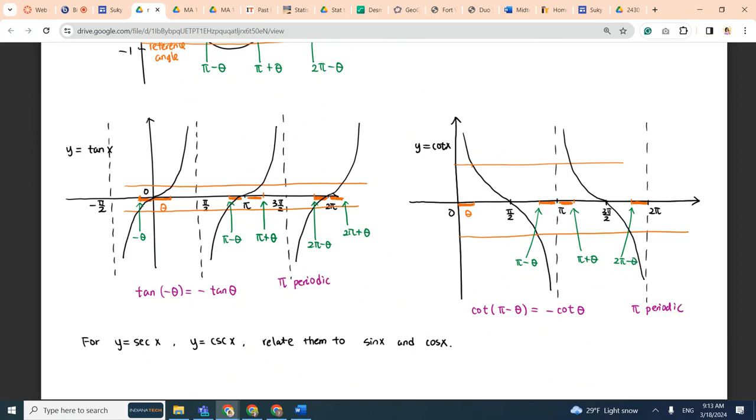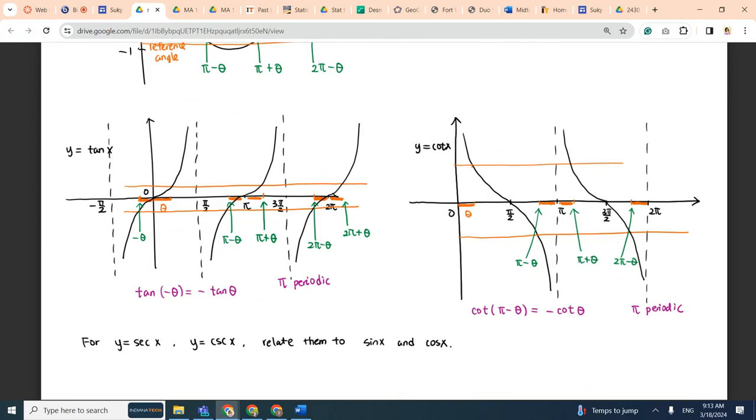Do you see from the picture? And because tangent is pi periodic, what does that mean? The tangent of pi plus theta is tangent of theta. The tangent of pi minus theta is tangent of negative theta, which is negative of tangent theta.